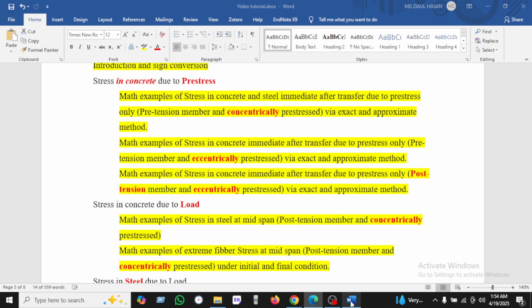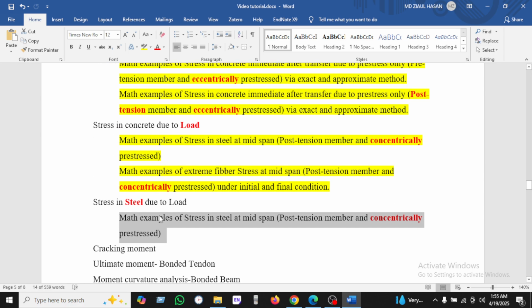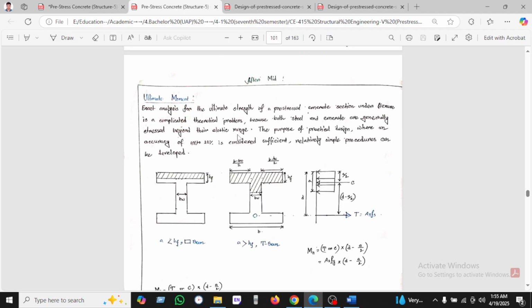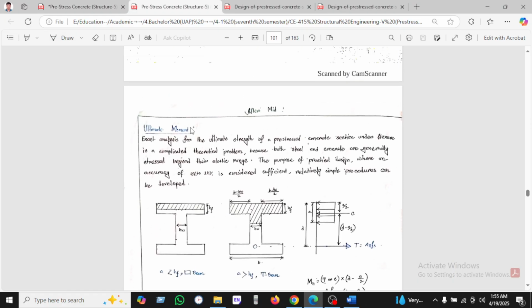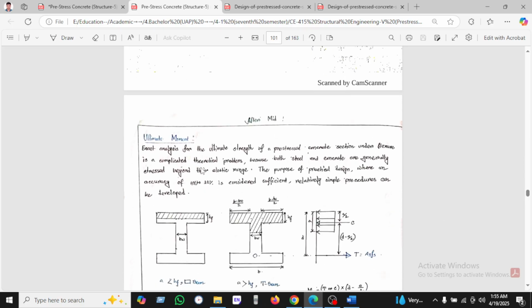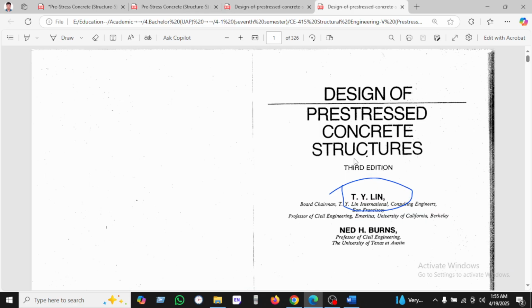Okay, now we can see these are the stress in steel due to load. Due to load. Okay, ultimate moment. Okay, just we can go to this book.